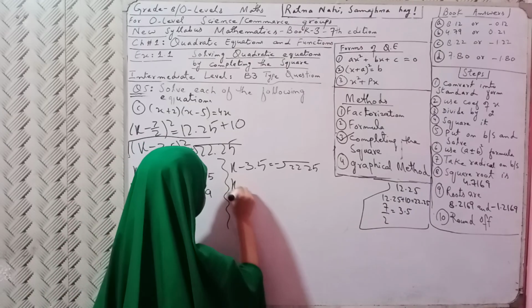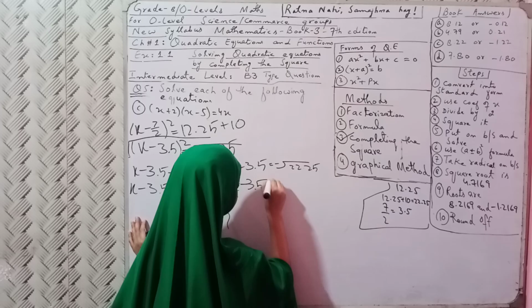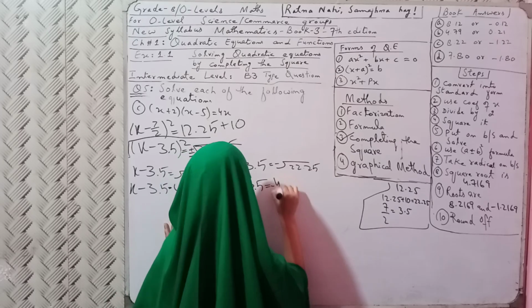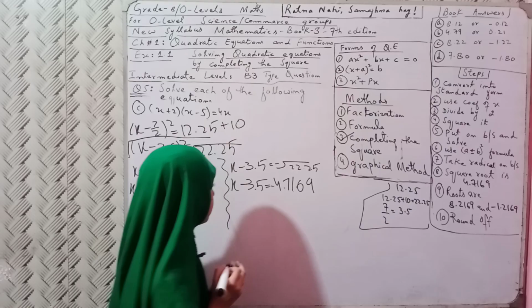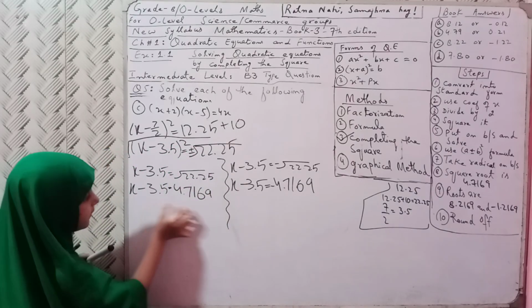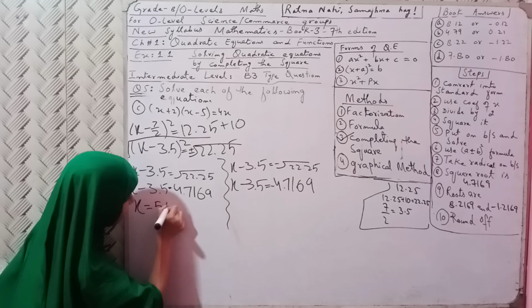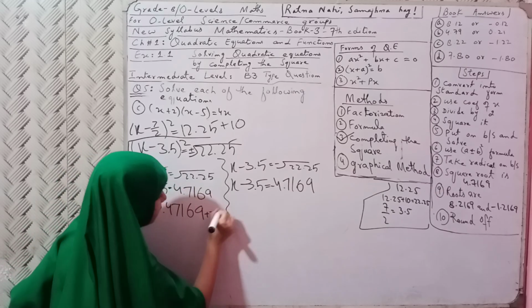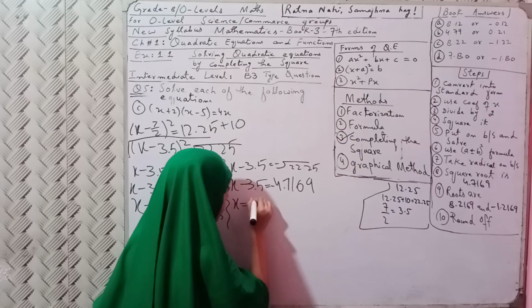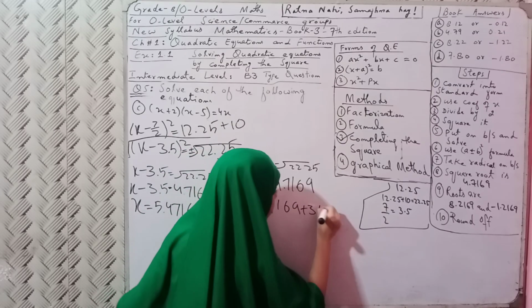So x minus 3.5 is equal to minus 4.7169. Then this will go there and this will go there. So x is equal to 4.7169 plus 3.5, then x is equal to minus 4.7169 plus 3.5.